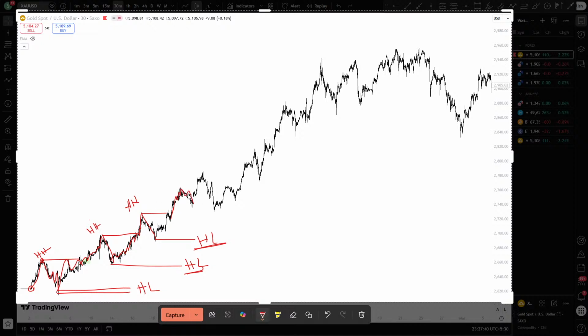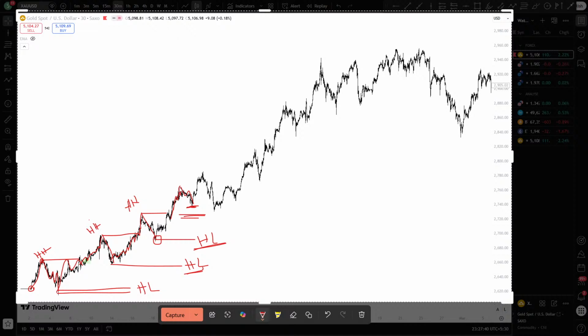Okay, it came to this level. So this one is a bit advanced. I don't want to talk about it, because if you look at this structure, we can put a Fibonacci here from this point to this point, and you find out that this point was not in the 50 of the Fibonacci, which made this point to be liquidity.